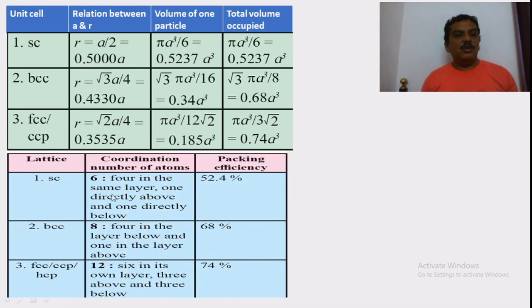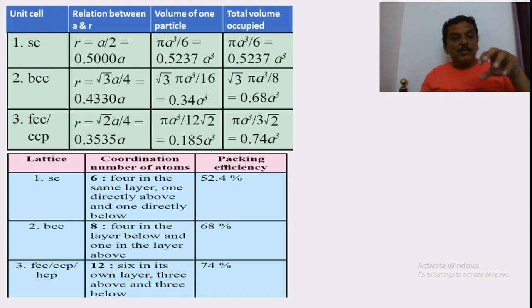Now another table. In case of simple cubic, coordination number we have already seen is 6: 4 in the same plane, 1 above, 1 below. And the packing efficiency we have studied is 52.4%. In case of BCC, the coordination number is 8, that means 8 particles surround a particular particle: 4 above it and 4 below it.